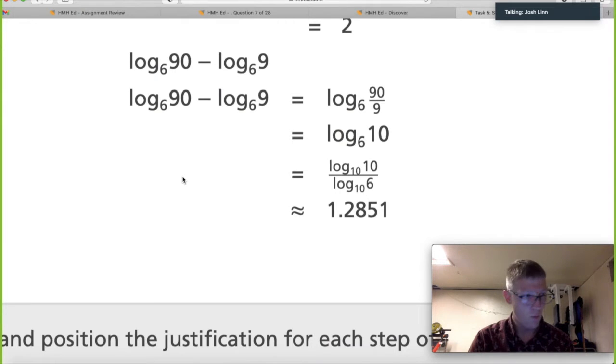One of our properties, if we're changing the base, is that we're changing it to log base 10. So we're going to take log base 10 of 10 over log base 10 of 6.